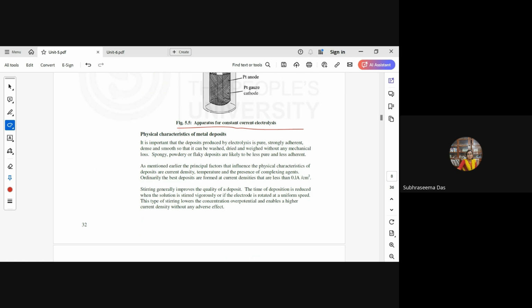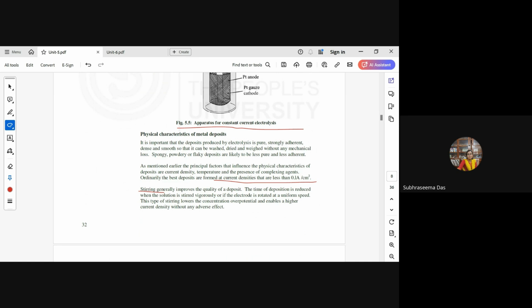It has been found that the best deposits are formed when current densities are less than 0.1 ampere per centimeter square. Just as we had discussed before, stirring or heating generally improves the quality of the deposit. Further, the time of deposition is reduced when the solution is stirred vigorously or if the electrode is rotated at a uniform speed.